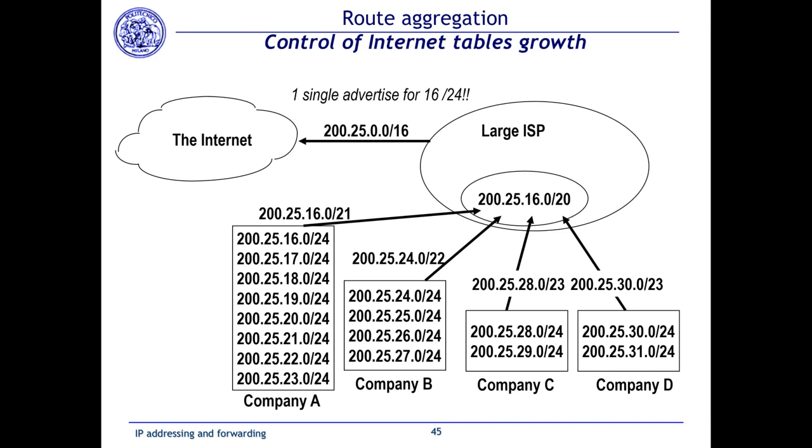So, for example, company B has two /24 networks, company C has two other /24 networks, and companies D and A have a larger portion of subnets, a larger number of subnets.